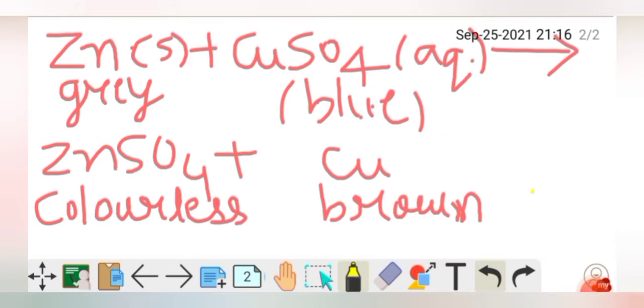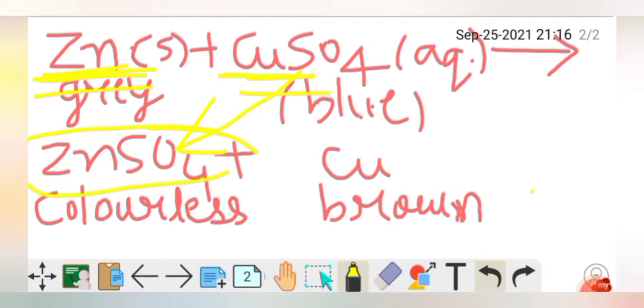So in this case what has happened, this zinc metal has replaced copper metal. As you have seen, that is why this zinc sulfate has formed. Understood? So according to this definition, a reaction in which a more reactive element, so zinc is a more reactive element than copper, displaces a less reactive element, and copper was a less reactive element, so it has been displaced here.